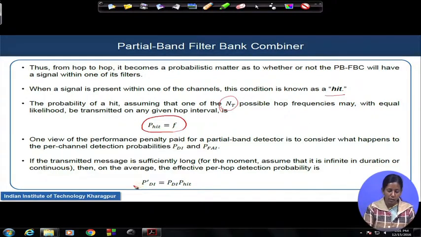So this is the detection performance per channel for the partial band FBC, which is a function of the hit probability and the actual per channel detection probability of the FBC.